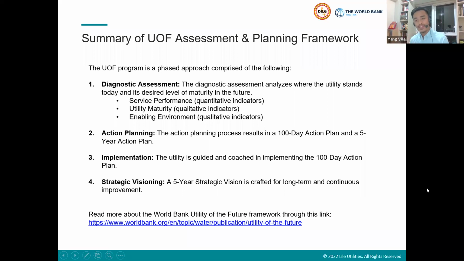So these 4 phases are contained in one single Excel file. And I'm happy to report that over the last 2 years, we have iterated on this Excel toolkit, and the World Bank, I believe, is currently refining this toolkit based on the lessons that we have learned in the past rollouts and pilots of the UOF tool.